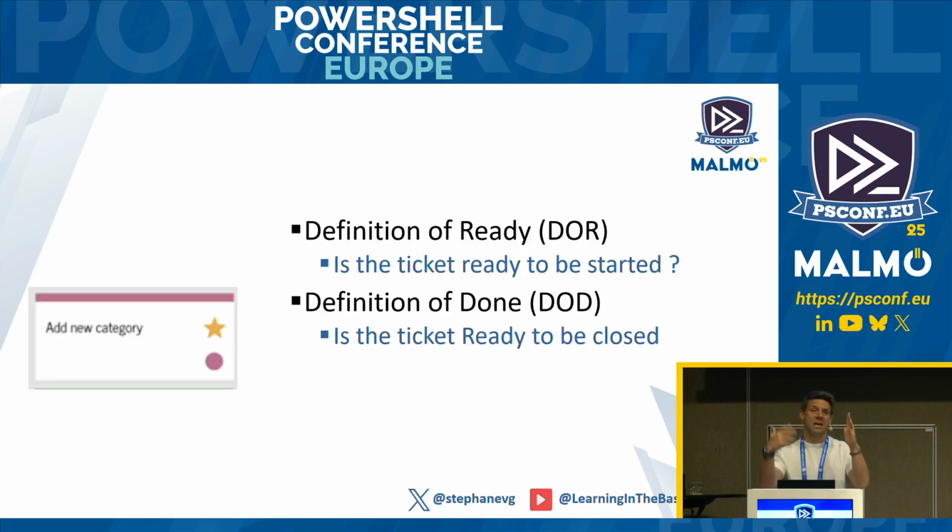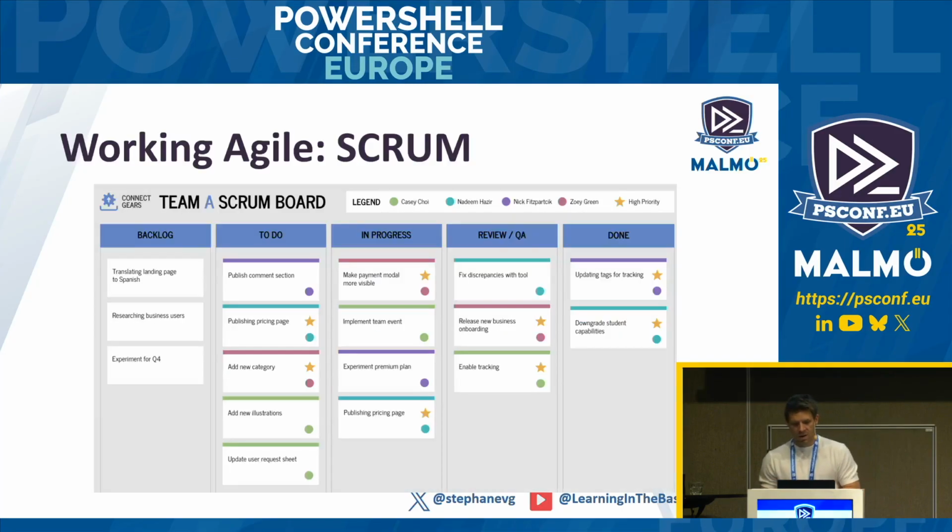Basically just a checklist of checkboxes: this is ready when this and this is accomplished. So we have port 123, which is open. We are member of groups A, B, C, D, E, and it will only be considered done once the test passed, once it's documented here in this wiki page, etc.